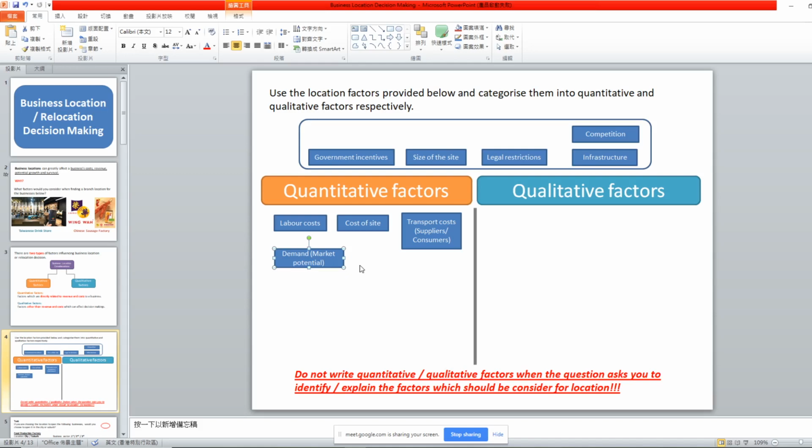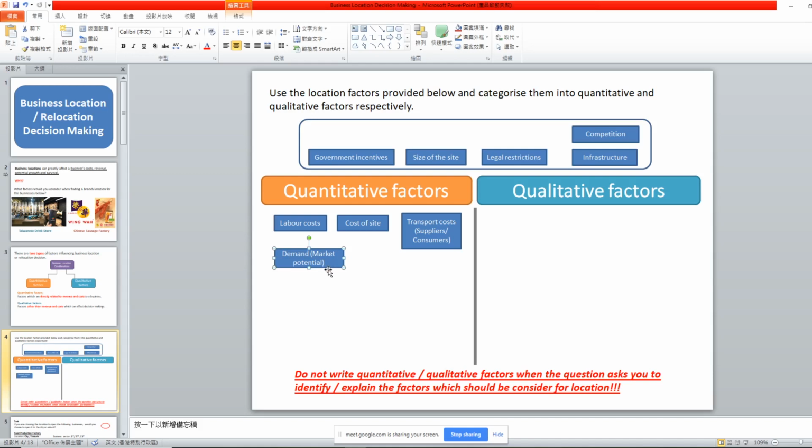It's going to be high. So this is the point I was trying to make. That's why bubble tea shops would rather go to a place where they will have a huge passenger flow at the location.